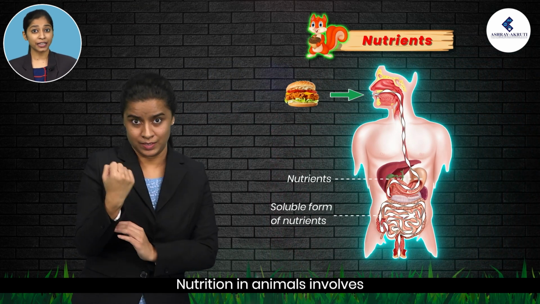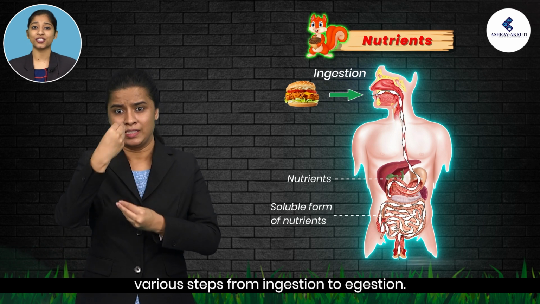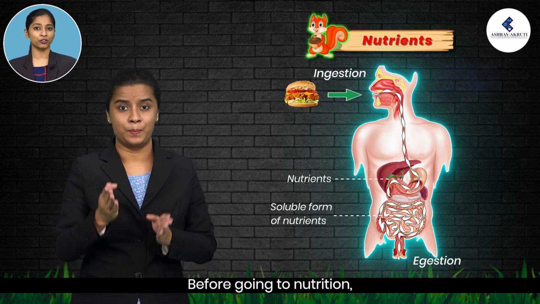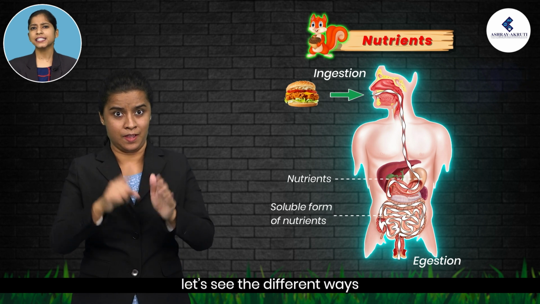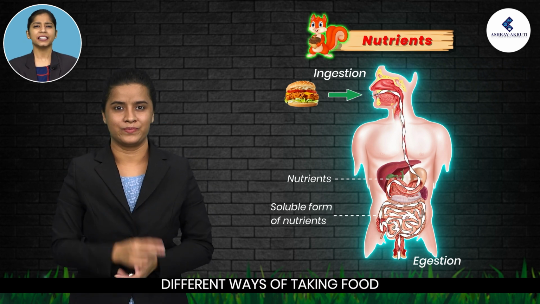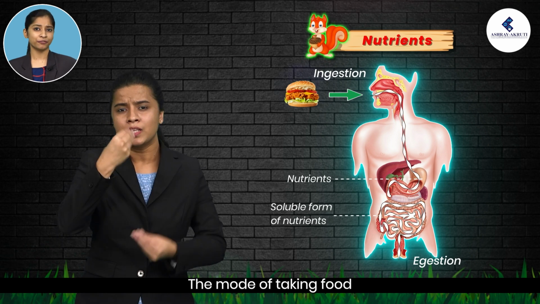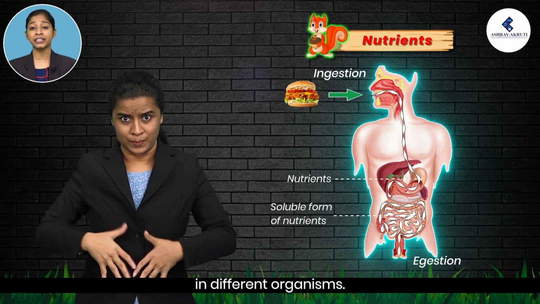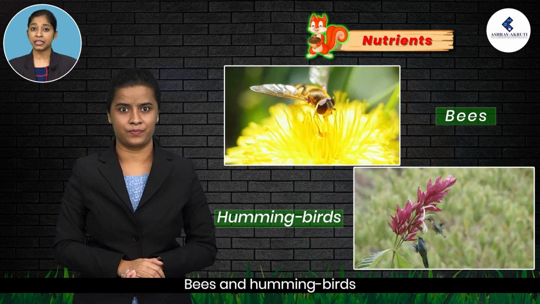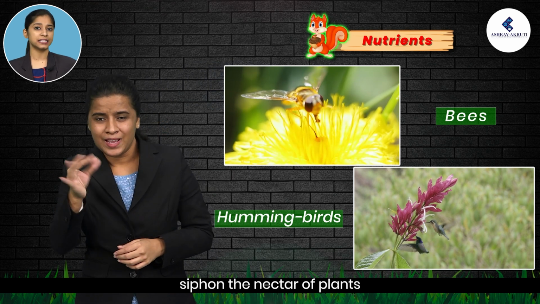Nutrition in animals involves various steps from ingestion to egestion. Before going to nutrition, first let's see the different ways of eating food. The mode of taking food into the body varies in different organisms. Bees and hummingbirds siphon the nectar of plants.